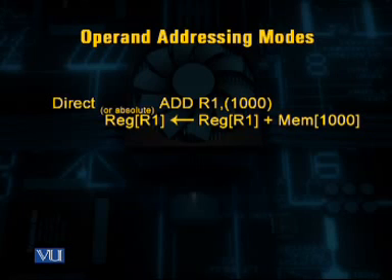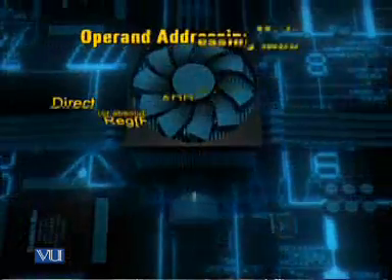The value within round brackets shows the location of the memory from where the data or the operand is to be obtained. This actually means that we want to add the contents of the memory location 1000 hex to the contents of the register R1 and then place the result in register R1.